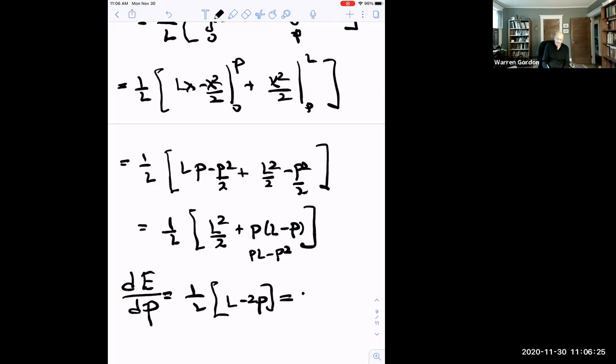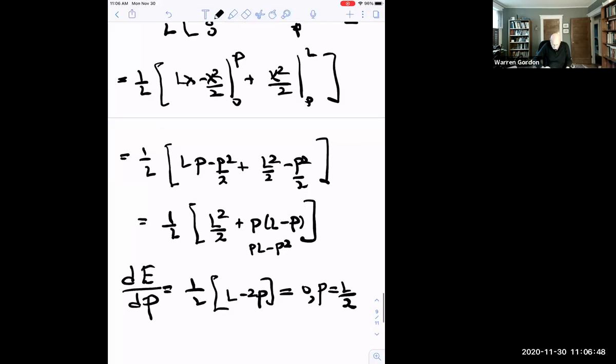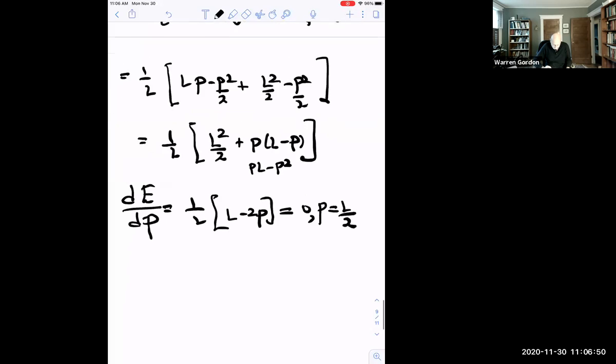This will equal 0 when P is equal to L over 2. So this says if the knot was at the midpoint of the rope, then the expected value of the length of the piece containing P is maximized. Let's go to the silly question. So I wanted to do that one example for you to show you how problems can come about and what weird kinds of problems can happen. This was a tricky problem, that's why I did it.